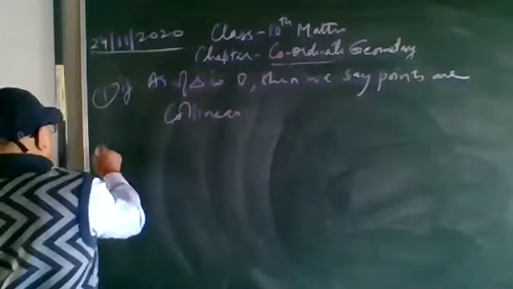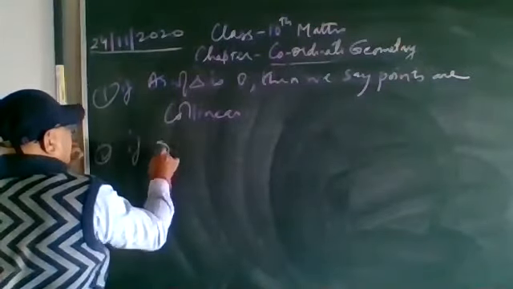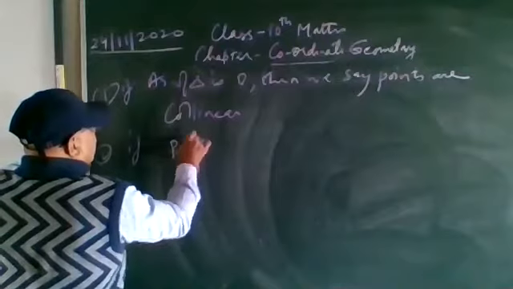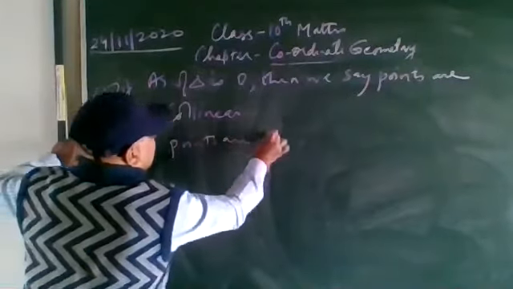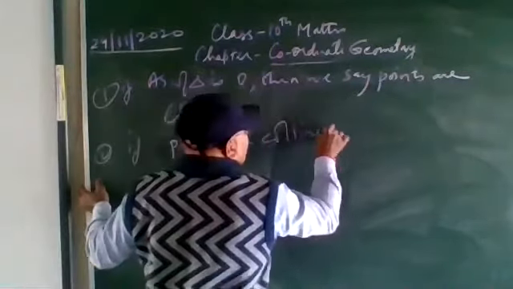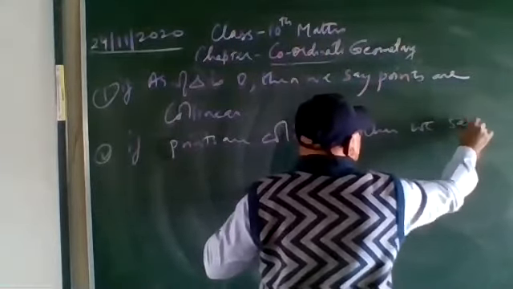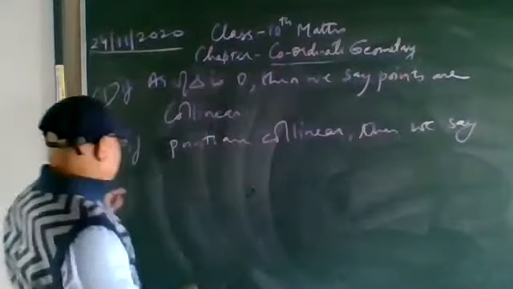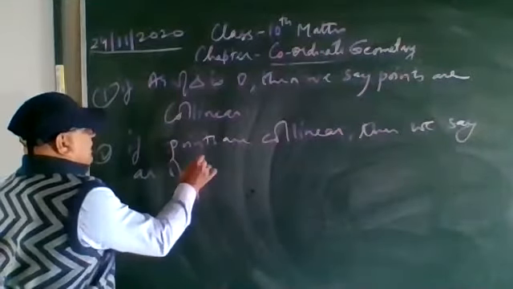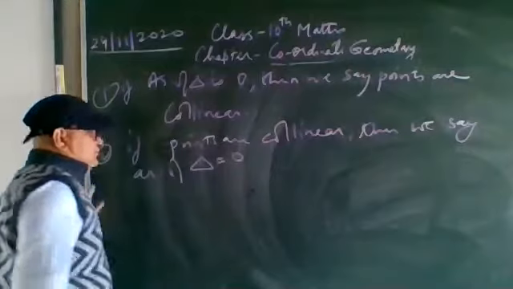Second, if points are collinear, then we say the area of triangle equals 0.